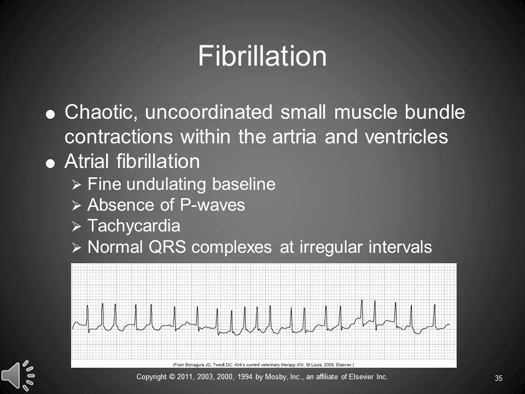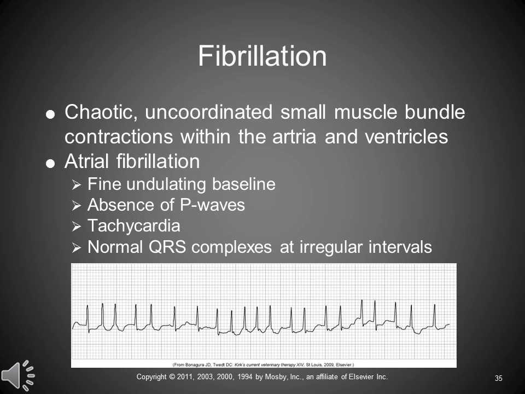Fibrillation. Fibrillation is about as close as you can get to dead without quite being there yet. AFib is not a big deal, but VFib is really, really bad. You can get into a chaotic, uncoordinated, small muscle bundle contraction within the atria and or the ventricles. AFib, you see, if you can look at that, you get a fine undulating baseline.